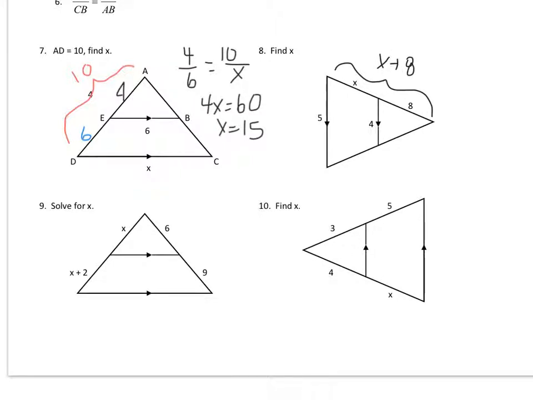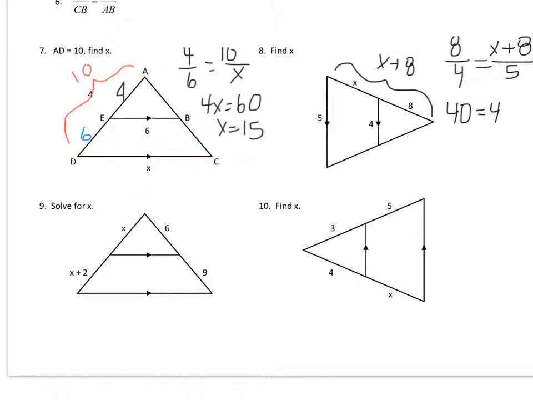So what you should have written is that 8 over 4 equals, okay, now whole left-hand side, x plus 8 over 5. When I multiply across, 8 times 5 is 40.